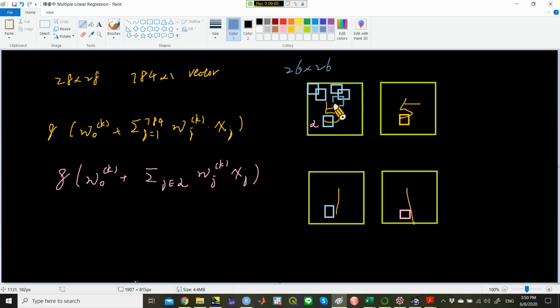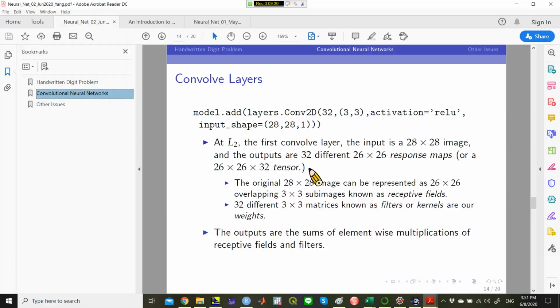Each of them stands for one neuron. And we don't stop here, we are not done yet. For each map, we give them several different neurons. In our example, for each response map, we give them 32 different neurons. So, in total, we have 26 times 26 times 32 neurons in this layer.